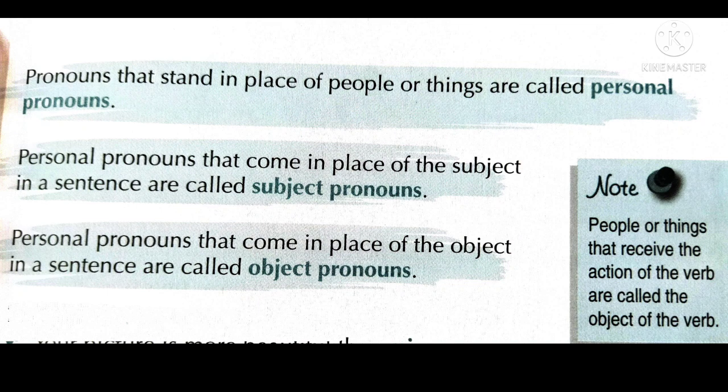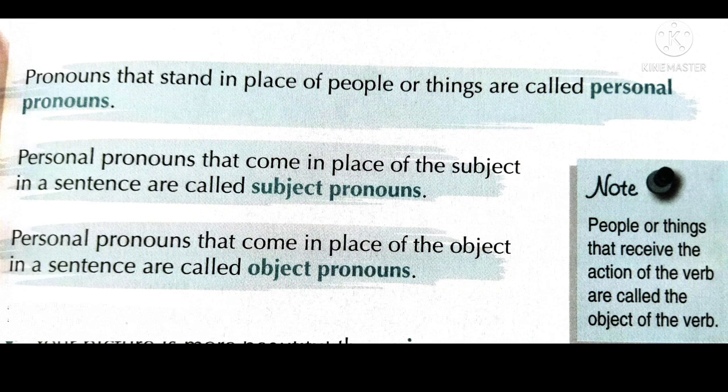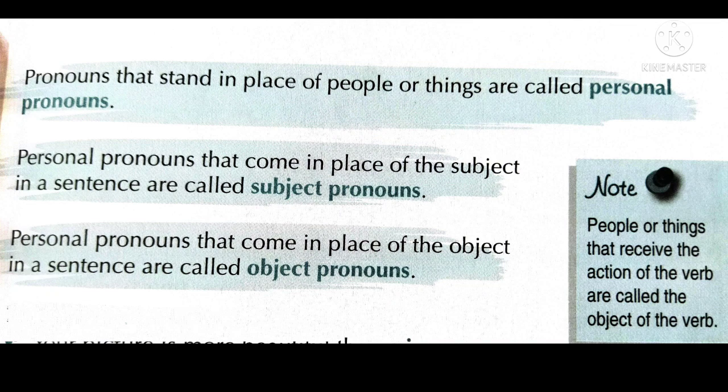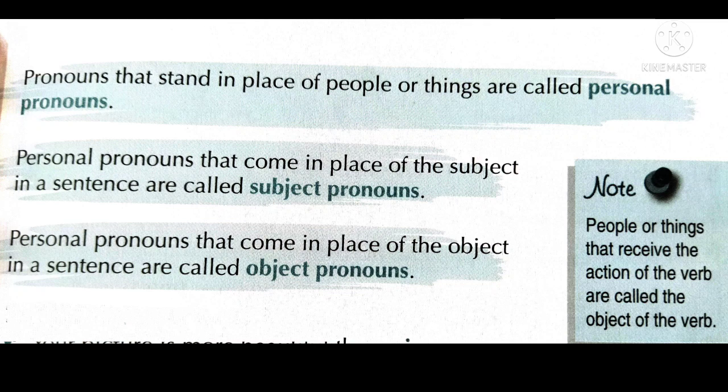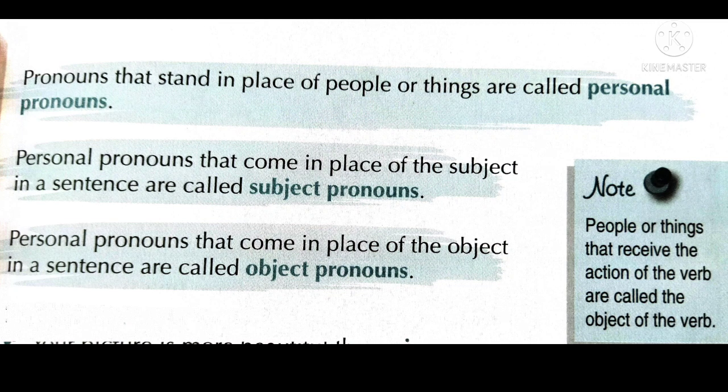If I take examples of subject pronouns, they are I, you, she, he, we, it, and they. For example, I live near a school, where I is the subject of this sentence. When I talk about object pronouns, which are used as the object in a particular sentence, they are me, you, him, her, them, us, and it.